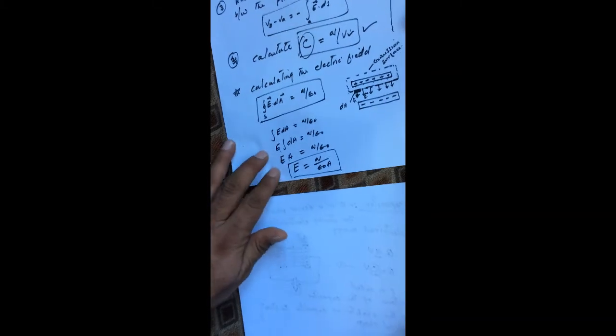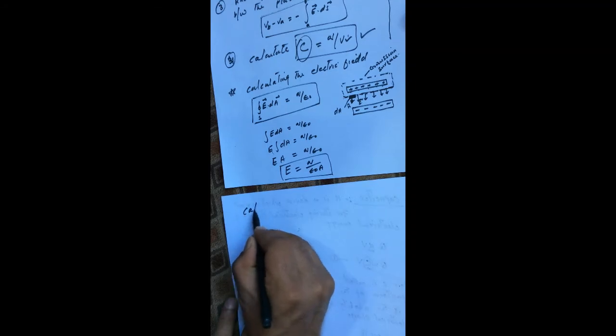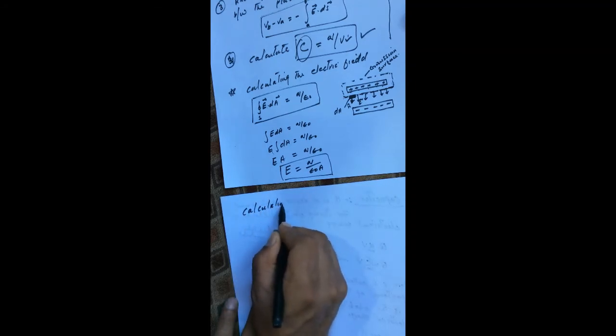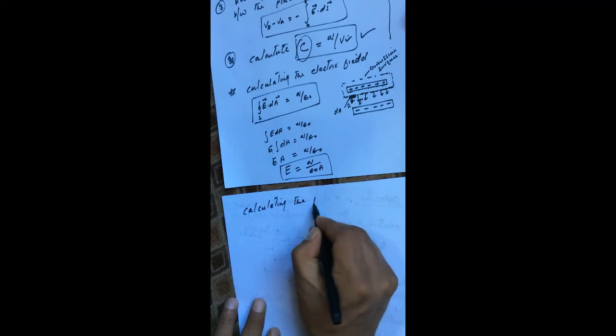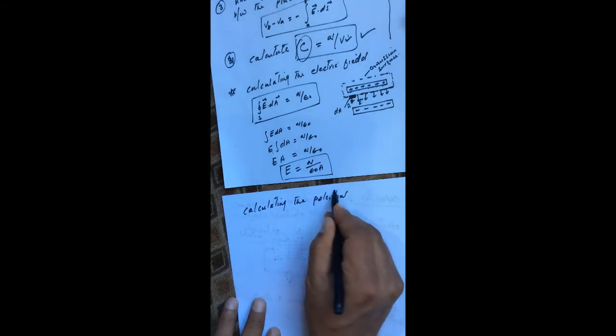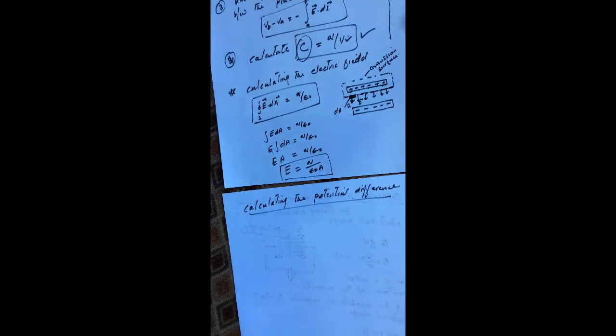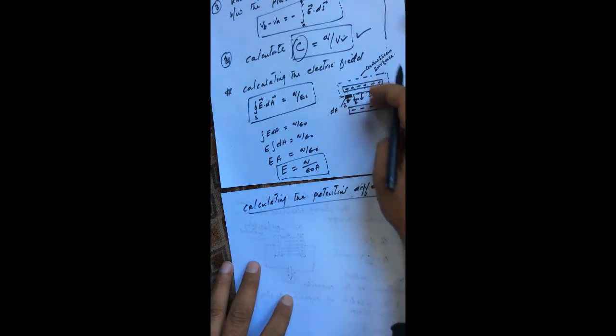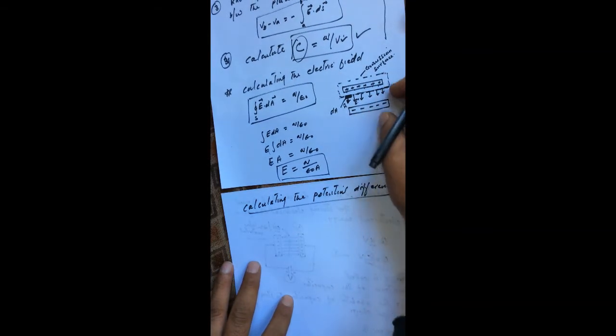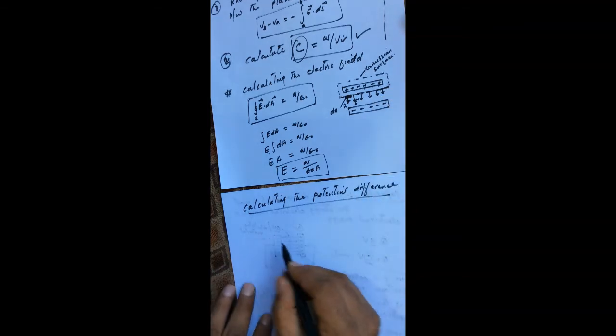Next we have to move towards the calculation of the potential difference. Suppose we have these two plates, then the potential difference between the plates is related to the electric field through this relation.